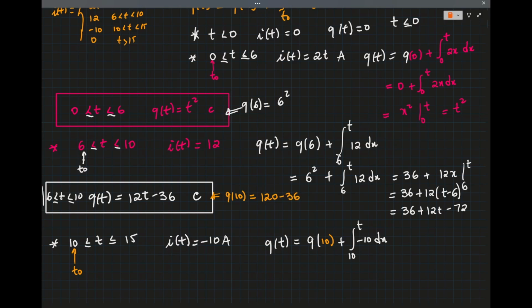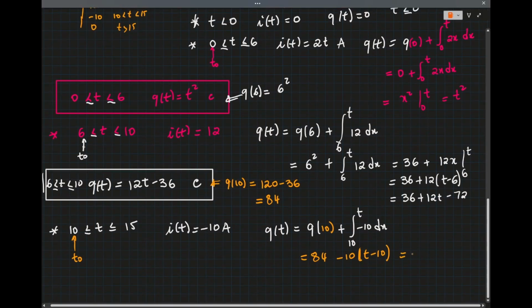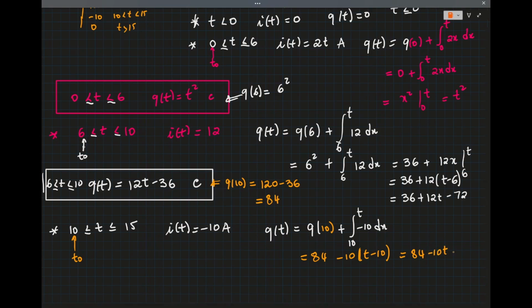Okay, so that is equal to 84. So we have 84 minus 10 times (t minus 10). Okay, so that gives me 84 minus 10t plus 100.